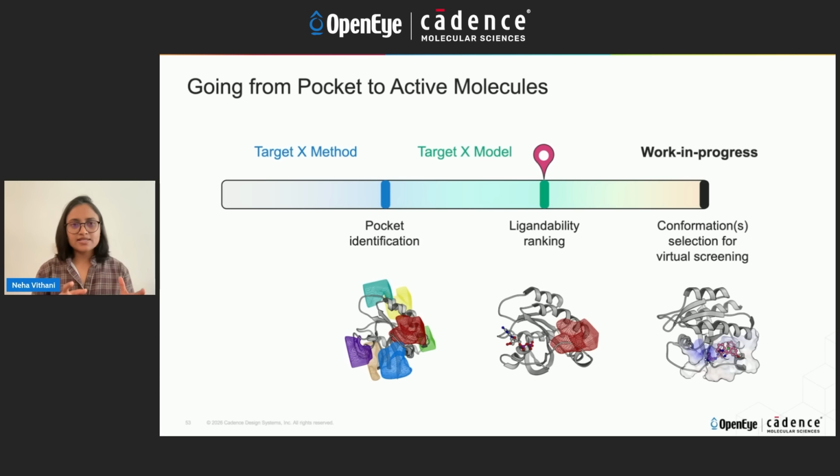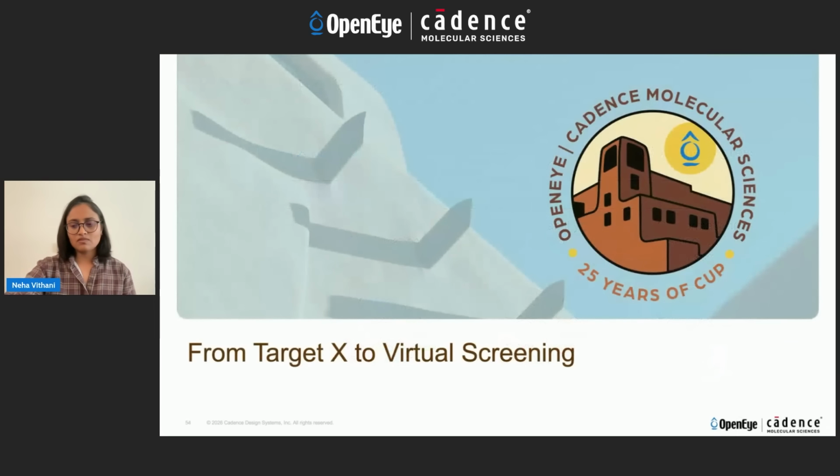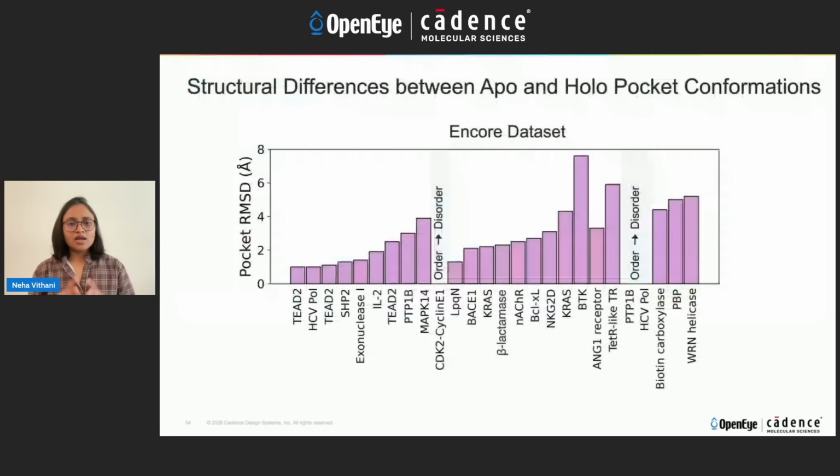So now we have TargetX method, which can help you identify good ligandable pockets in unexplored disease targets. The next challenge is identifying conformations that can yield you high success during virtual screening. In our ENCORE dataset, we had different examples that show high variation between the apo and holo pocket conformation.